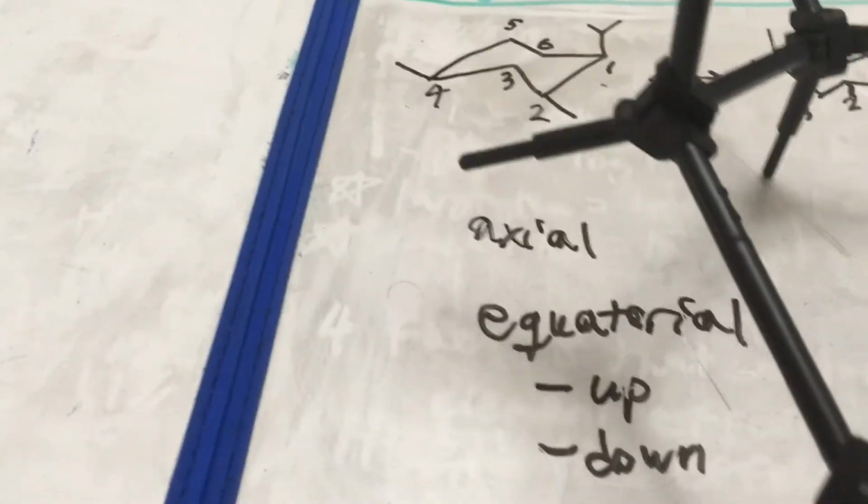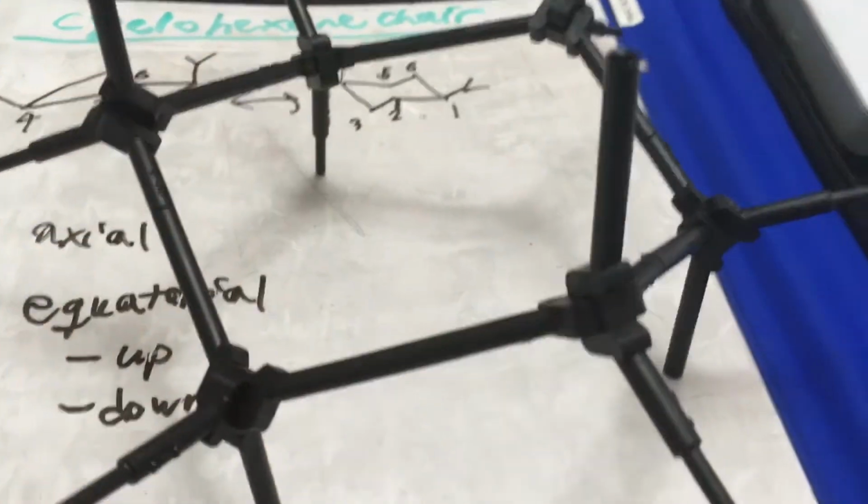So now it's the chair conformation, right? Yeah, and now it's switched around, up tip, down tip. And you can use that to help you out. And hopefully this video was helpful.